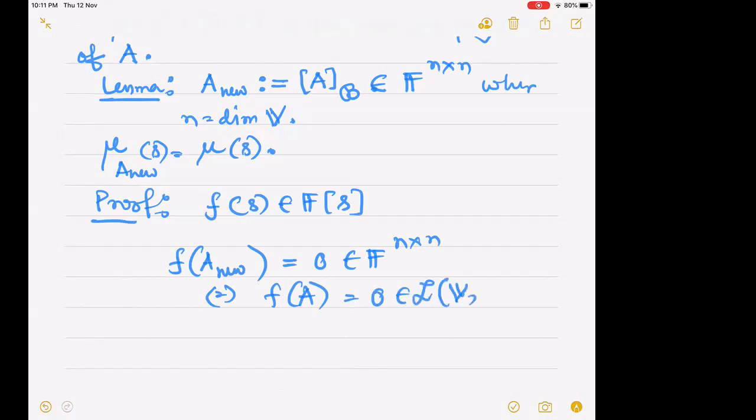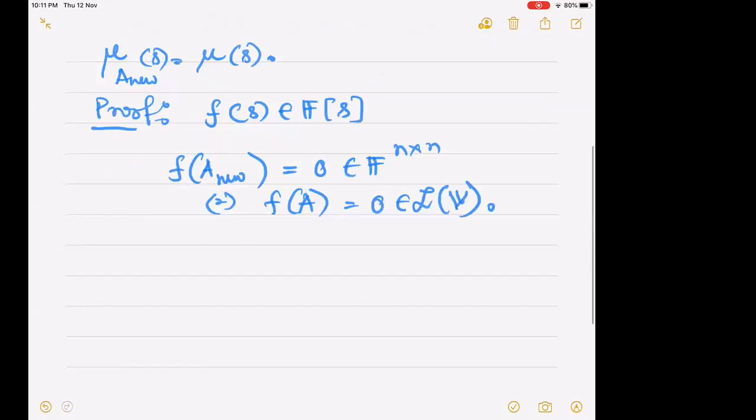Just think about it. Because of this if and only if statement, the annihilating ideal of the matrix A_nu and of the linear operator A would be the same. That is why the two minimal polynomials are the same.